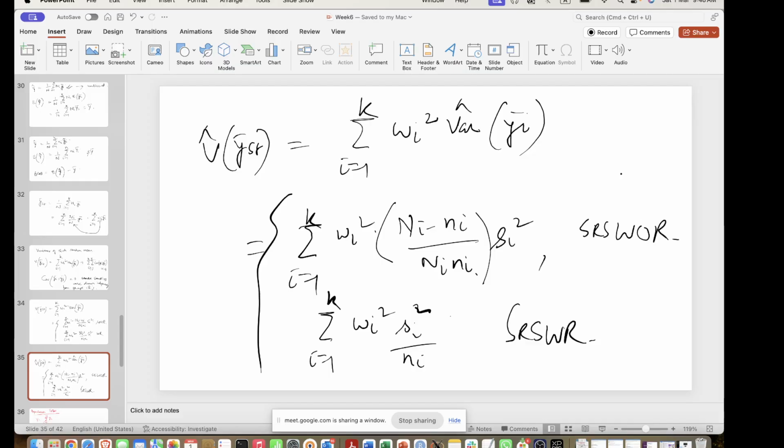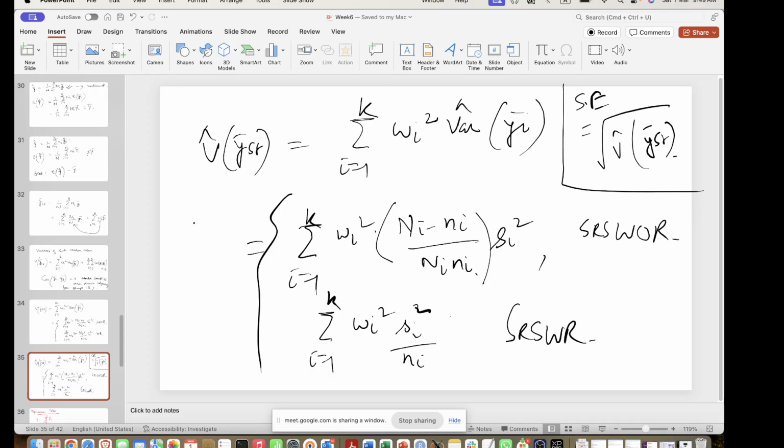In any case, standard error will be the square root of this expression represented here.